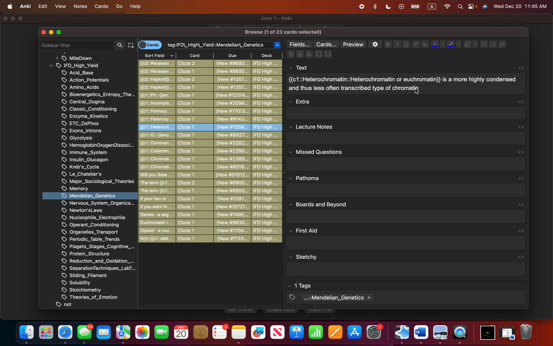Heterochromatin, or euchromatin, is a more highly condensed and thus less often transcribed type of chromatin. So heterochromatin is less transcribed and more highly condensed.